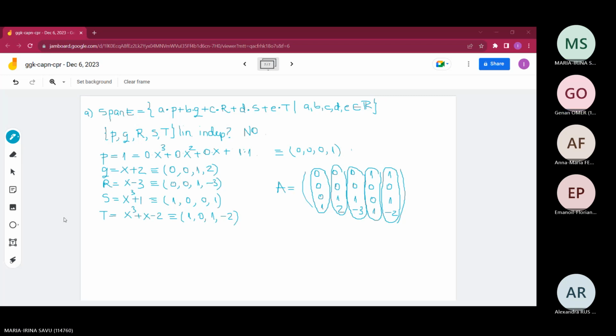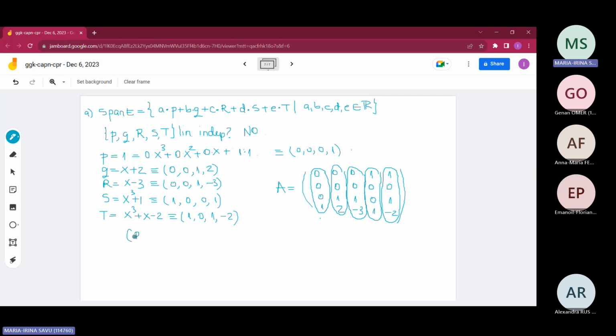How? If you take the first four, we cannot get the maximum rank because we have a line with zeros. And if you take any four vectors from there, the determinant will be zero. Exactly. Actually, you should think of it this way. You should look at the polynomials and notice that R can be written as a linear combination of P and Q.